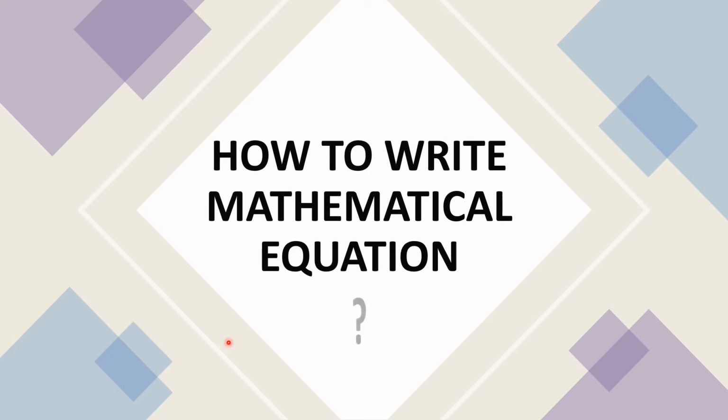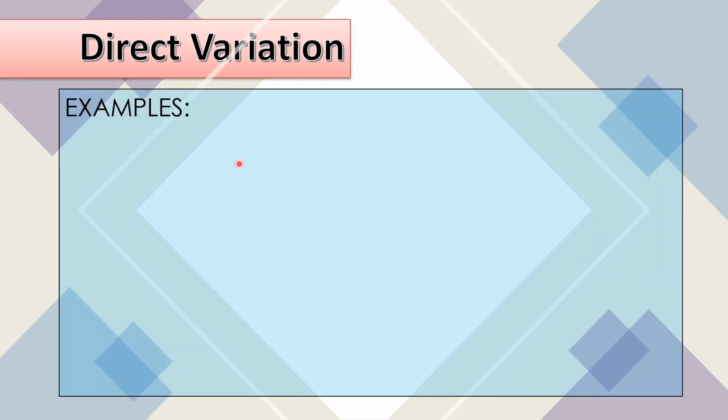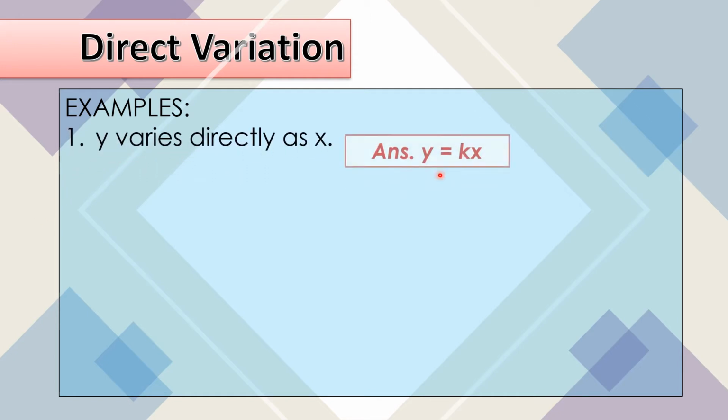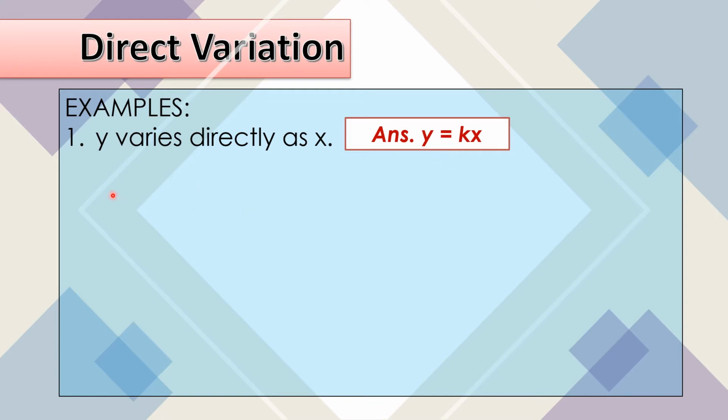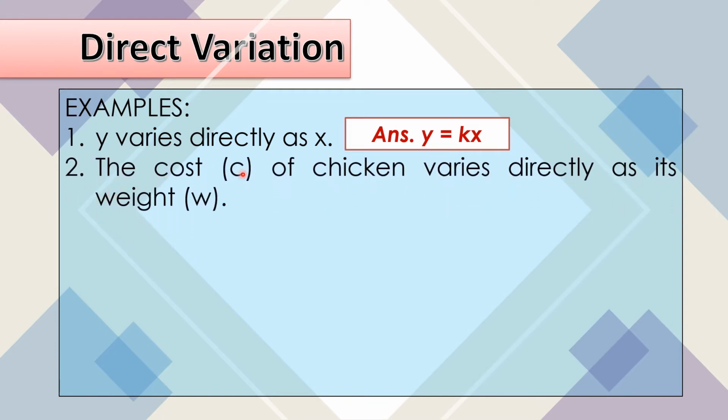Okay. How to write mathematical equations? Madali lang siya. From our general equation na y equals kx, yun yung ating magiging basehan kung paano magsulat ng equation. Example, we have y varies directly as x. Yan na nga yung kanina. Then, we have the cost C of chicken varies directly as its weight.